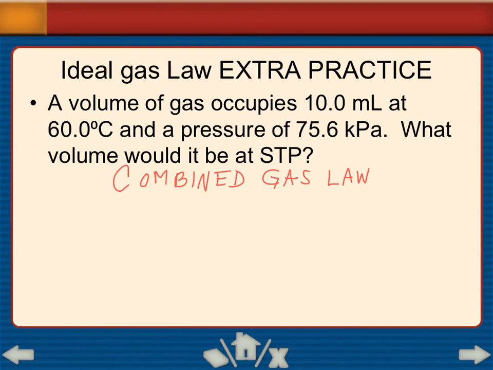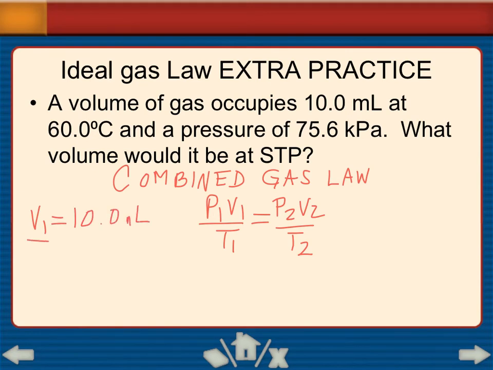So you would start with the combined gas law, which would be P1V1 over T1 equals P2V2 over T2. And again, knowing the STP, we have V1 equals 10.0 mL, T1 equals 60.0 degrees C plus 273.